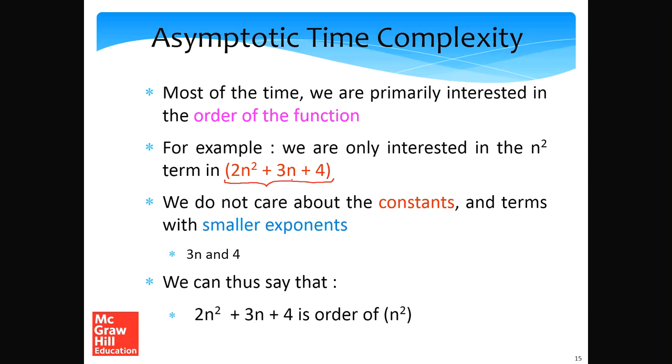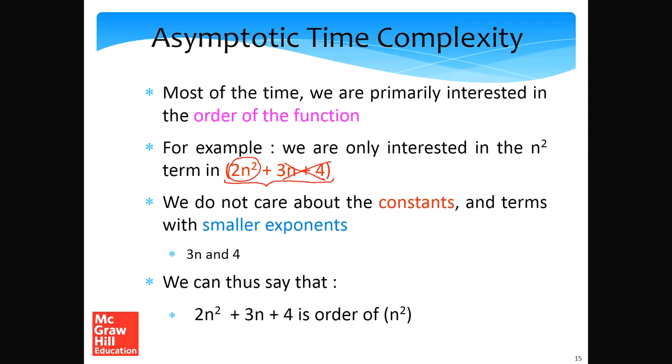If we take a look at it, well, 3n is important, 4 is important, but consider n is a fairly large value. So the only term that actually dominates this expression is 2n square. So the rest of the terms, in a certain sense, can be ignored. Again, it's being mathematically inaccurate, but we shall see that there are some advantages to this.